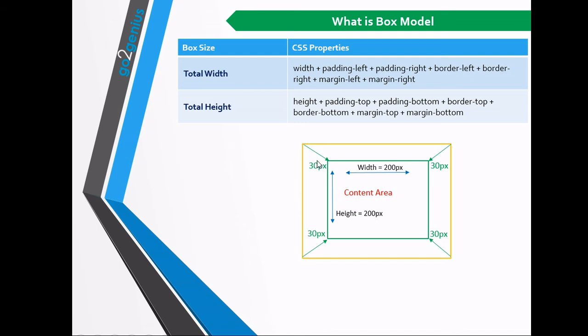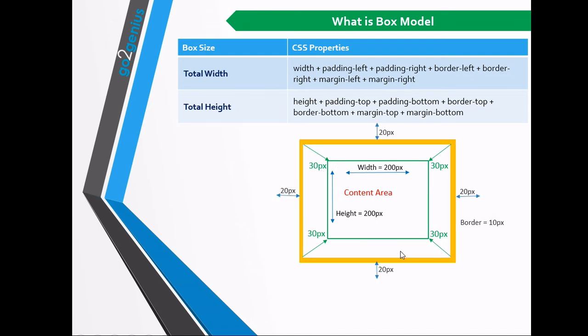This element has 30 pixel padding on each side, 10 pixel border, and 20 pixel margin in each direction. So now we will calculate the actual width for this element, how much space this element will take on the web page.